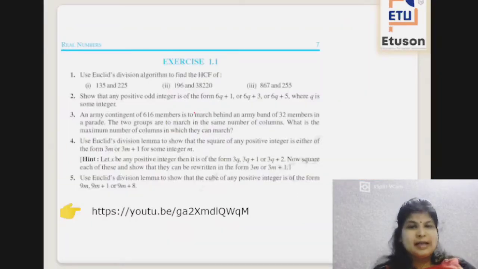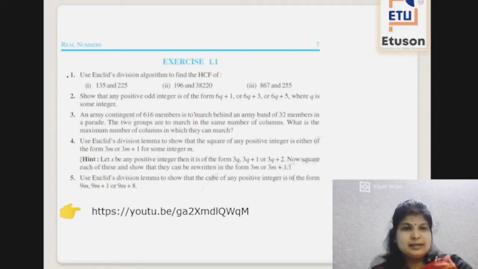I have taken the questions from your NCERT book. It is there on page 7, exercise 1.1. In the previous video we already discussed question number 1, that is finding HCF using Euclid's division algorithm.